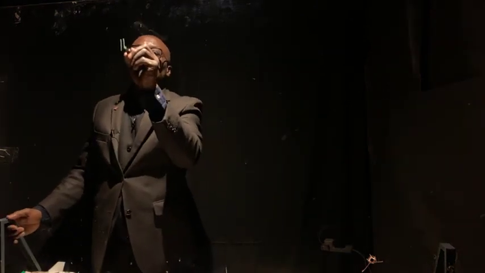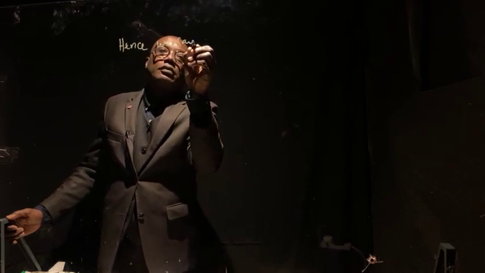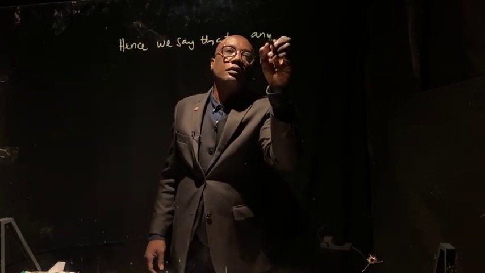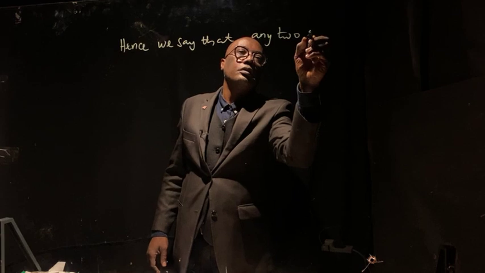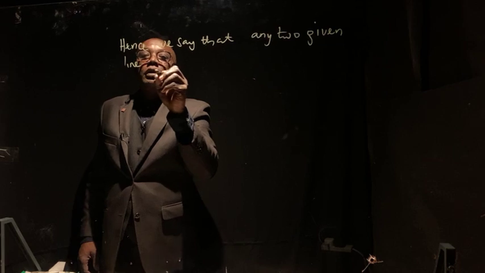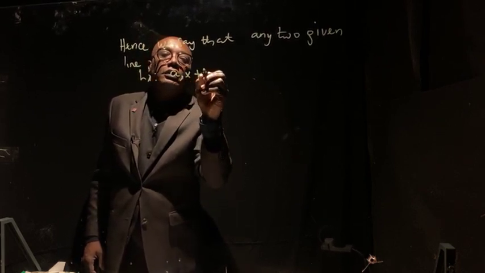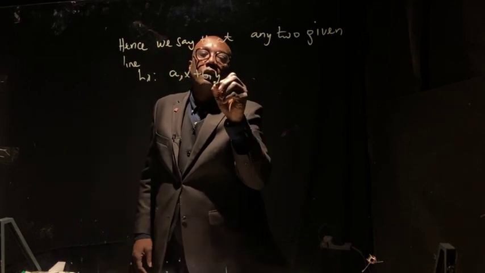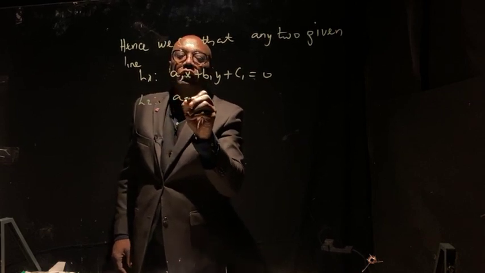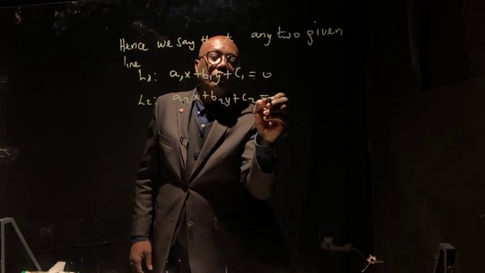Hence, we say that any two given lines L1, A1x plus B1y plus C1 equals 0, and L2, A2x plus B2y plus C2 equals 0.